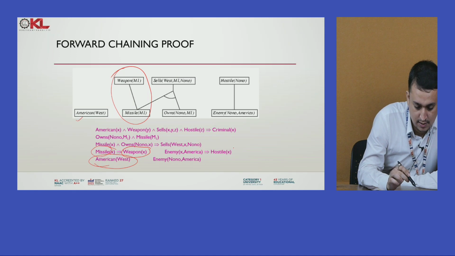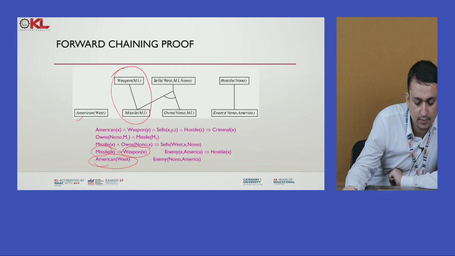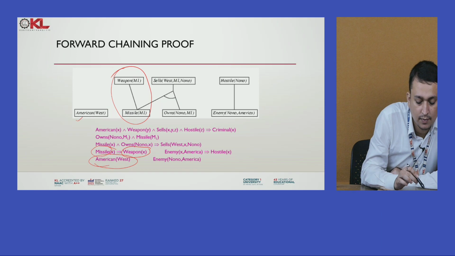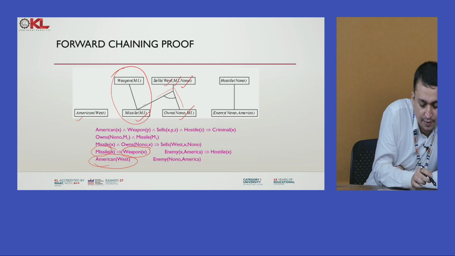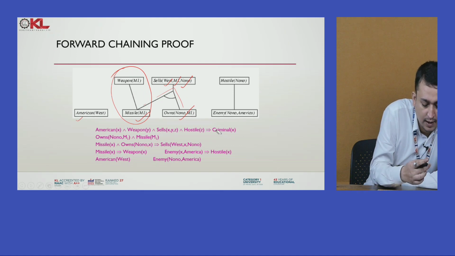Then, if M1 is a missile and M1 is owned by no country, then West is selling the M1 missile to country no. If you look into this particular rule, that is already available.